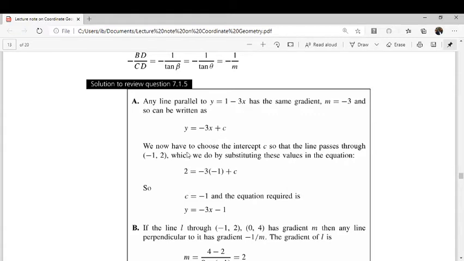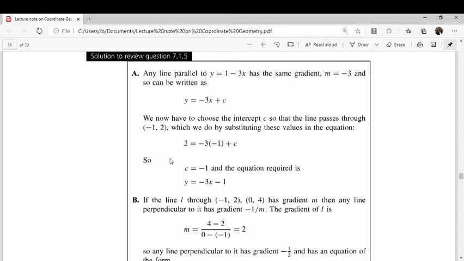Now, to find c, that's the line that passes through the coordinate -1 and -2. The question is not so clear, but these are coordinates. You want to find a line that is passing through this coordinate and is parallel to this line.